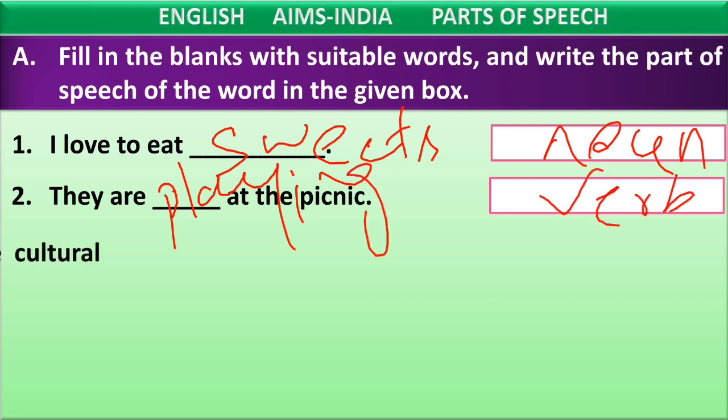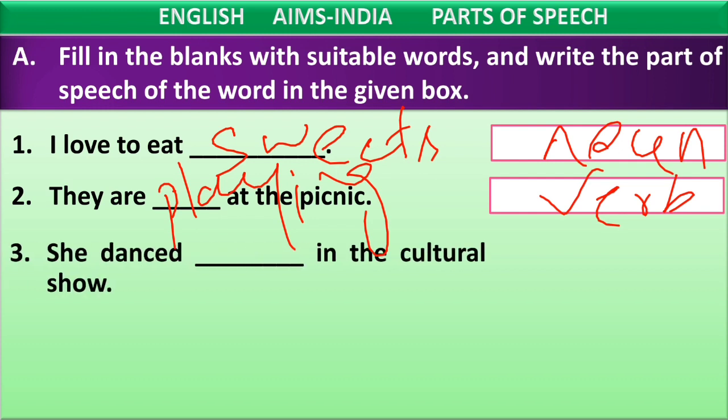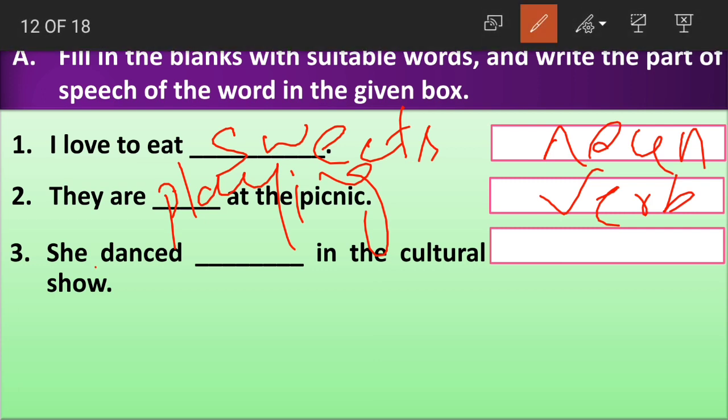Now children, the third one. She danced dash in the cultural show. Suppose you have your school annual day, some festival, some fest, some programs; all of that comes under cultural shows. She danced beautifully. Dance is the verb here, and we are just describing this verb.